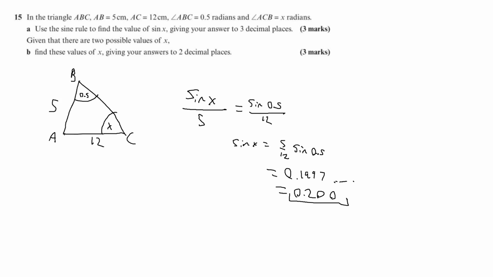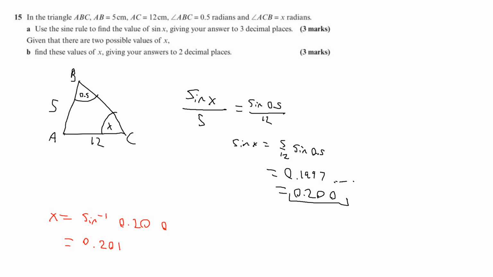All we're going to do to find what x is is find the inverse sine of 0.200, which is equal to 0.201 as one of our values, and the other value is going to be pi minus this.